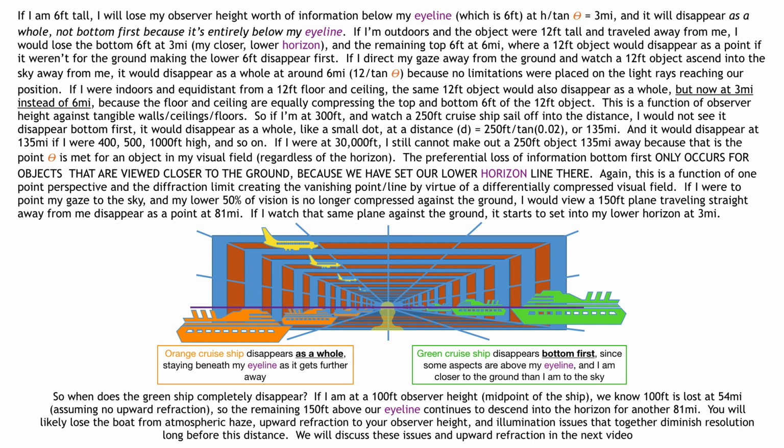However, if I bring that same object, let's say it's at 30,000 feet high, and I just rotate that object and my visual field down to meet the ground, once I get close to the ground, and that object gets close to my horizon line, down near essentially the 3 mile mark, which is as far as I can see when I'm compressed against the ground, that object will start to set into the ground.